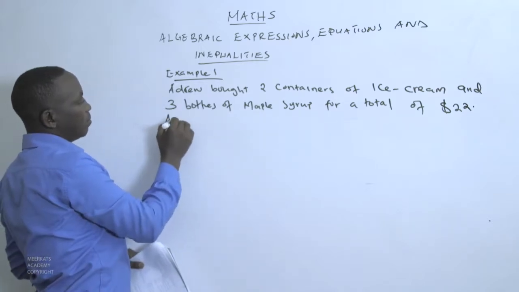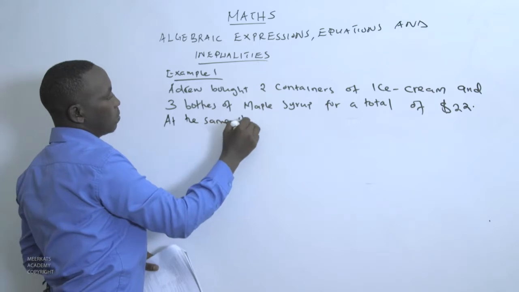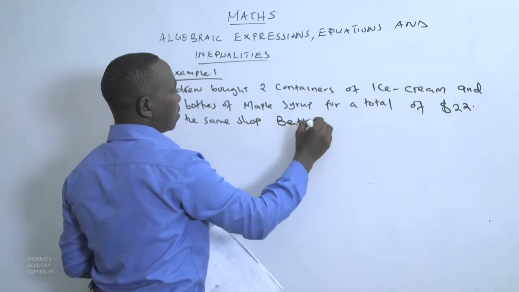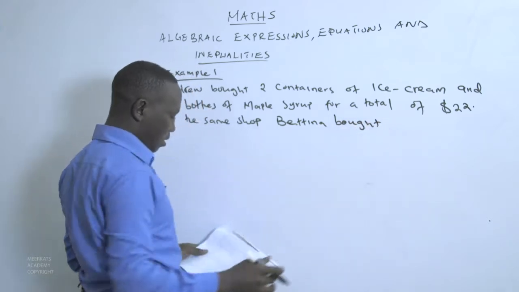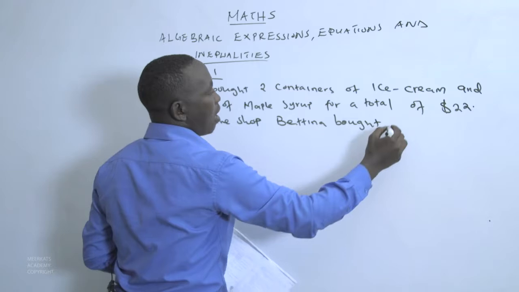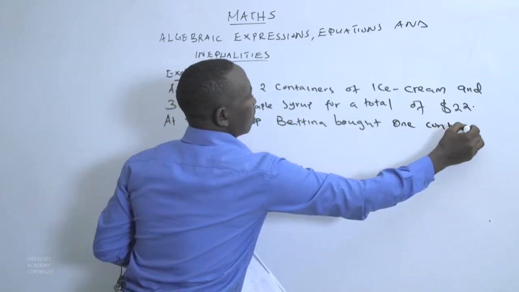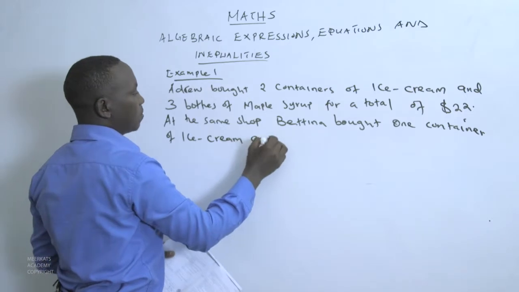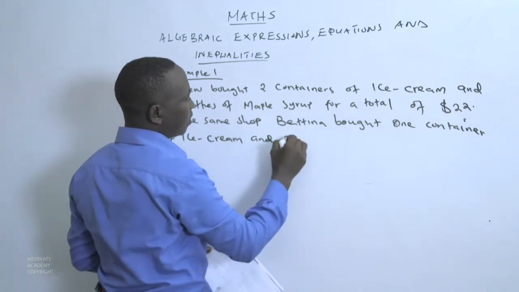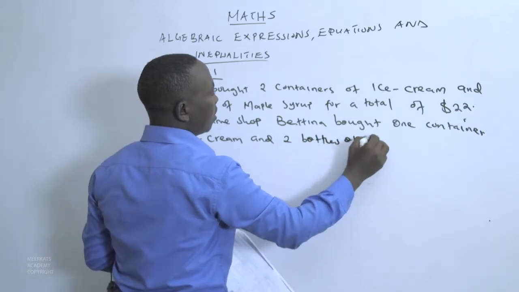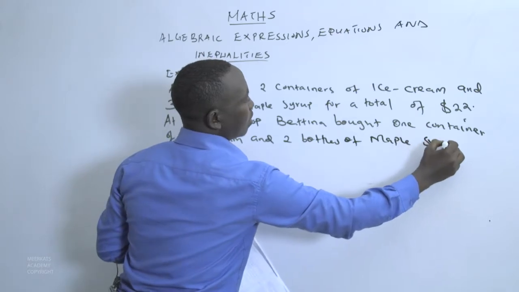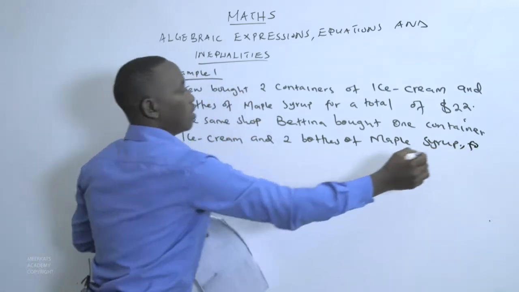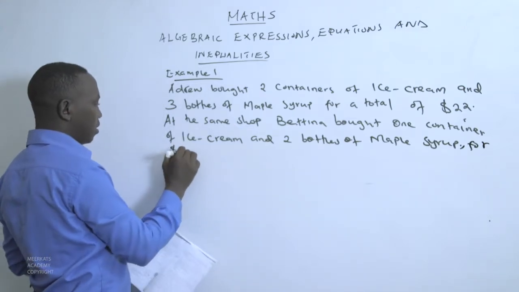At the same shop, Betna bought 1 container of ice cream and 2 bottles of maple syrup for a total of $13.